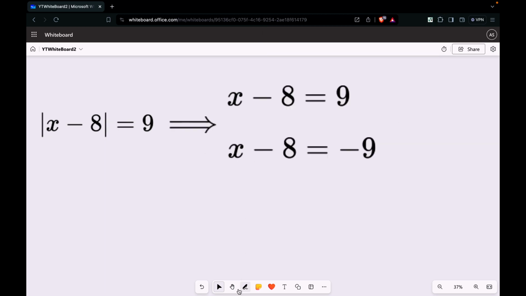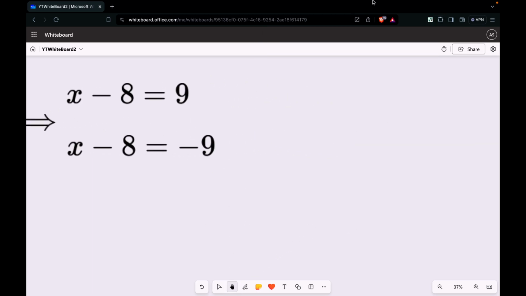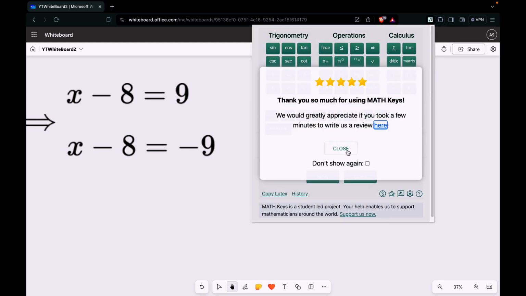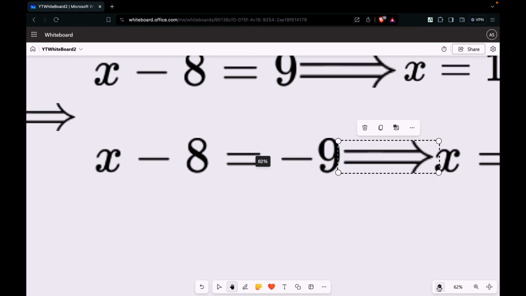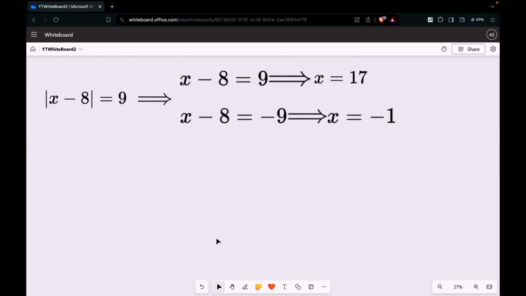These are our 2 branches of our solution, and it's pretty simple to solve for here. So I'm just going to type out the solutions, so I don't waste any of your valuable time. And that's it. Those are our 2 solutions. This is kind of like a full view for anyone who just wants to see the visual steps and is better at just reading equations. I'll give you a few seconds to read.